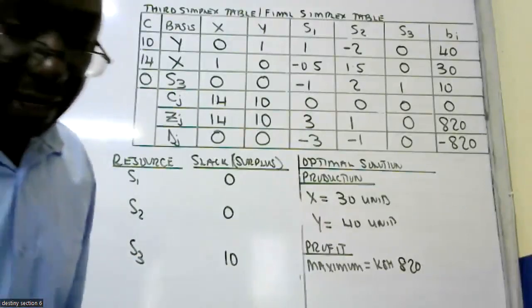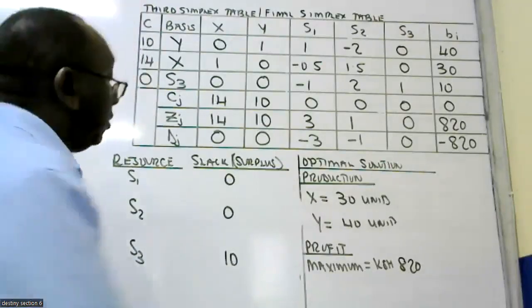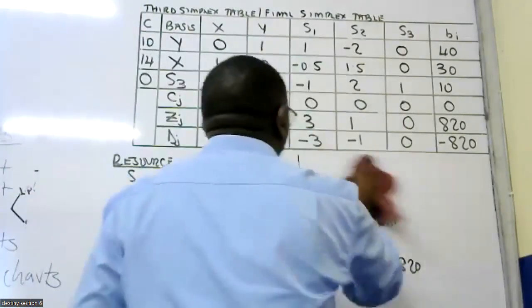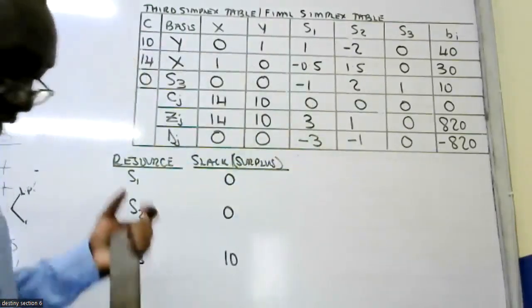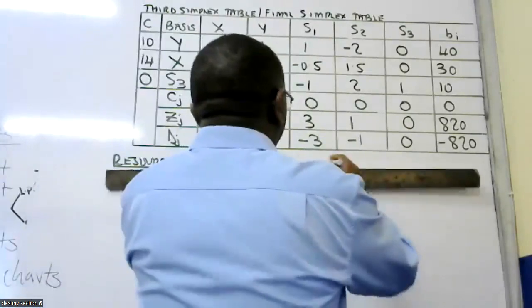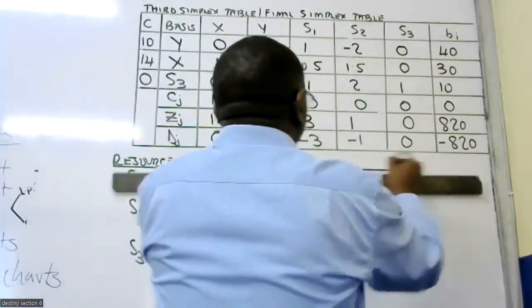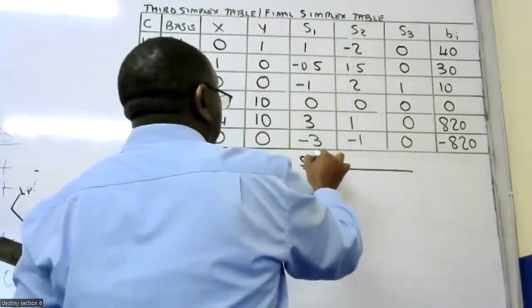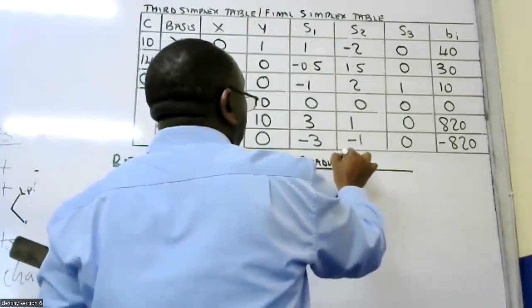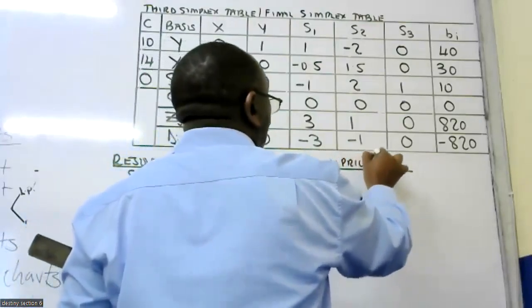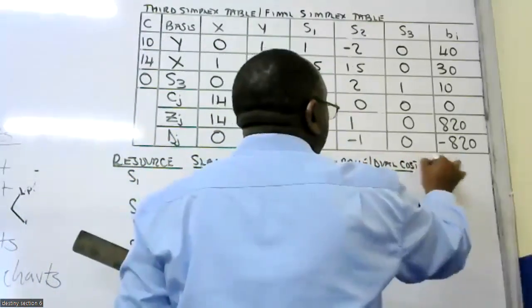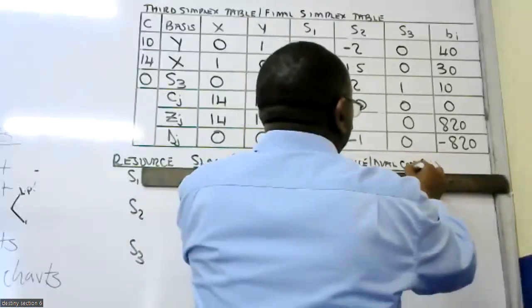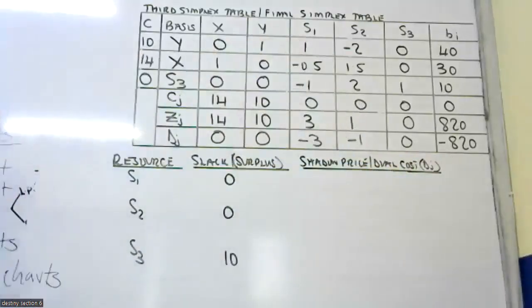I think we can also add another column instead of doing another table. Another column is the shadow price or the dual cost. This is what we are calling the DJ. That is something else that they are asking.